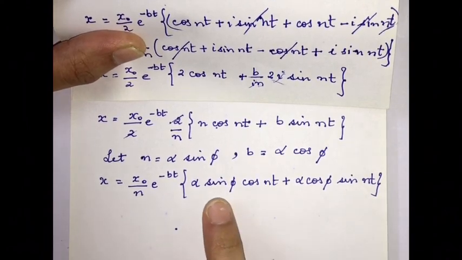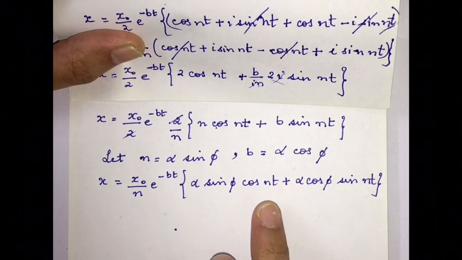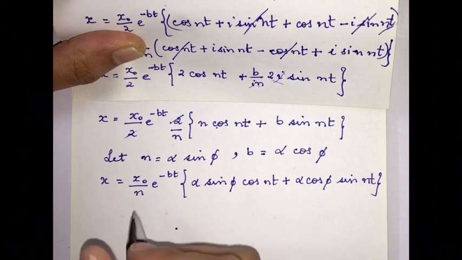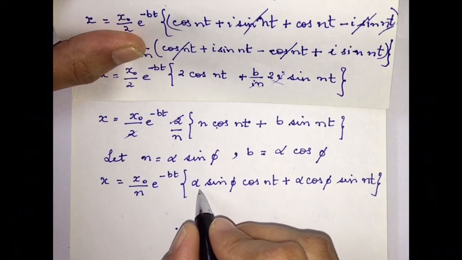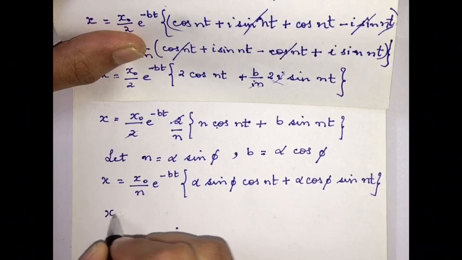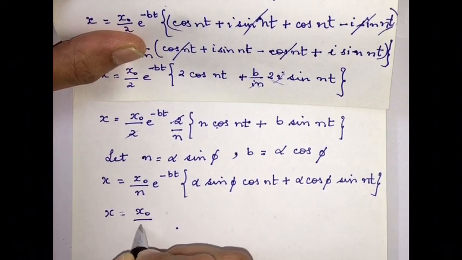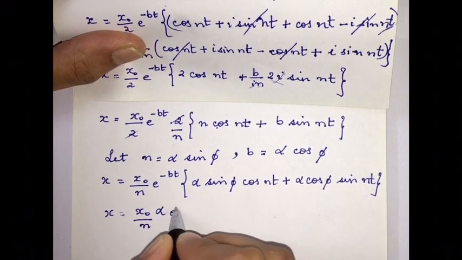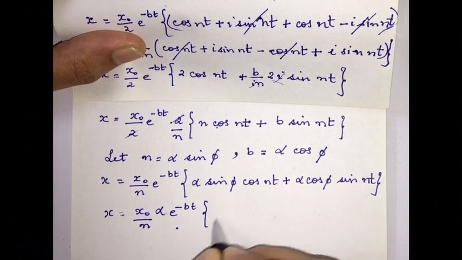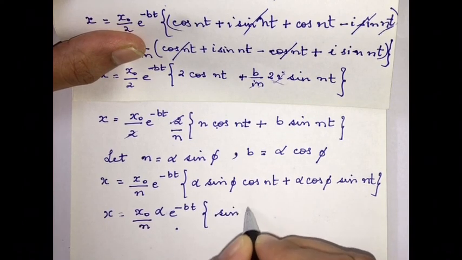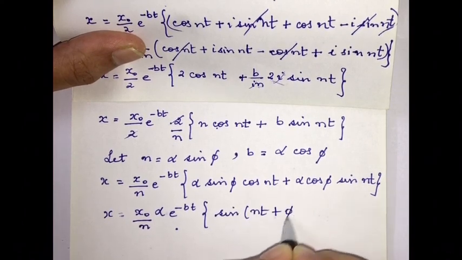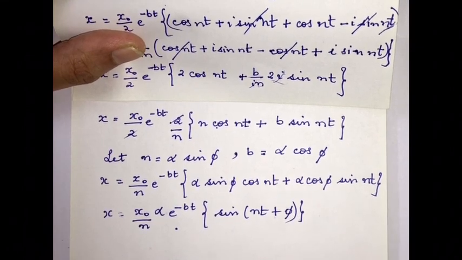So this is of the form sin a cos b plus cos a sin b. So I can write this as alpha taken out as common, x is equal to x naught by n into alpha e power minus bt sin of nt plus phi, sin of a plus b.